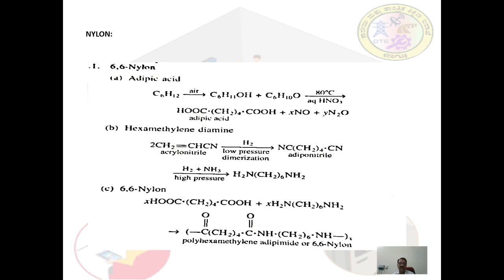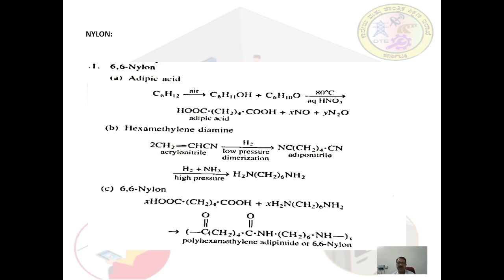The hexamethylene diamine can also be formed from acrylonitrile at low pressure, by dimerization, and hydrogen is liberated there.